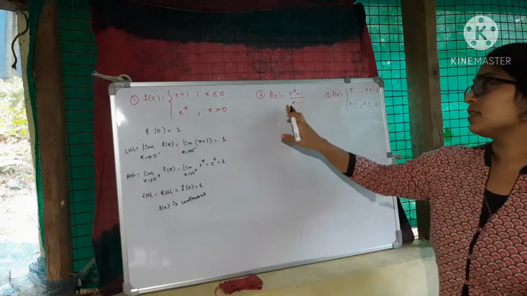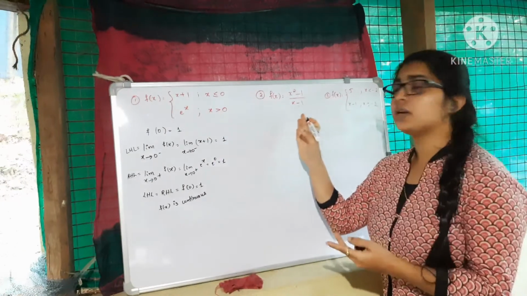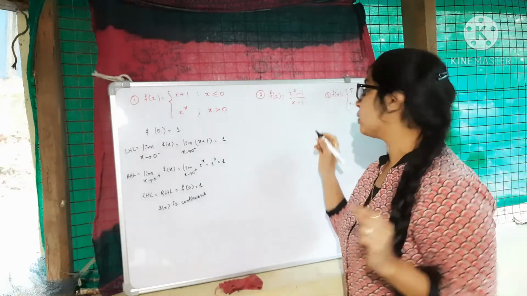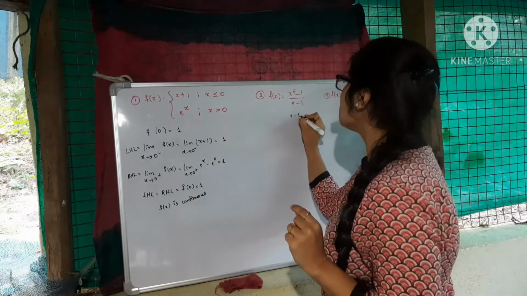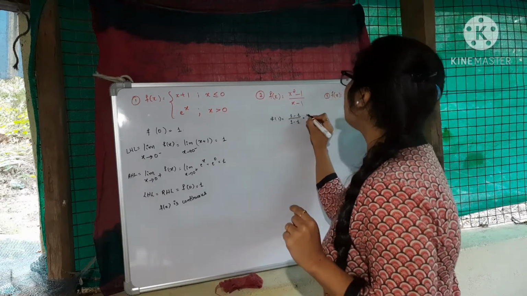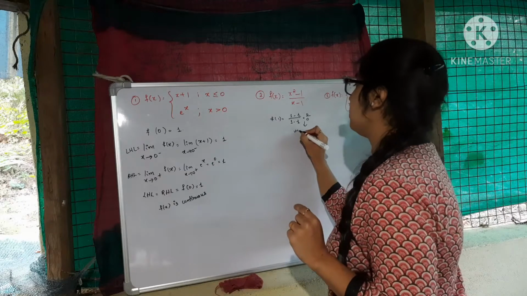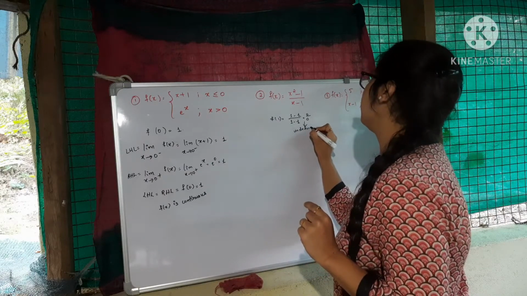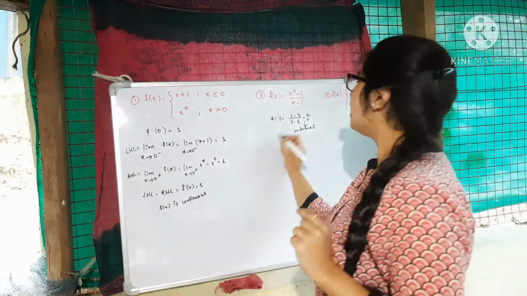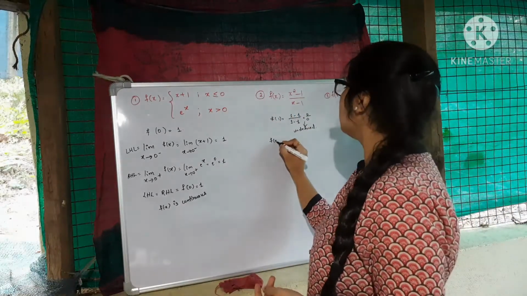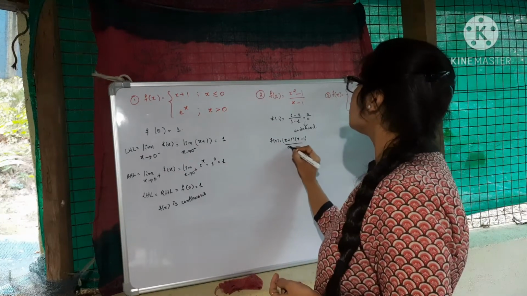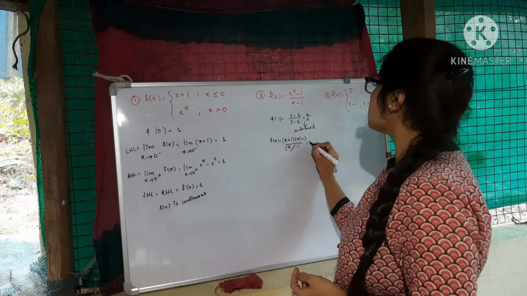So next question is f of x is equal to x square minus 1 divided by x minus 1. Now if I substitute x is equal to 1 in this equation, what happens? 1 minus 1 divided by 1 minus 1, that is equal to 0 by 0, which is undefined at 1. For the rest of the values you can take x square minus 1 as x plus 1 times x minus 1, so you will get x plus 1.